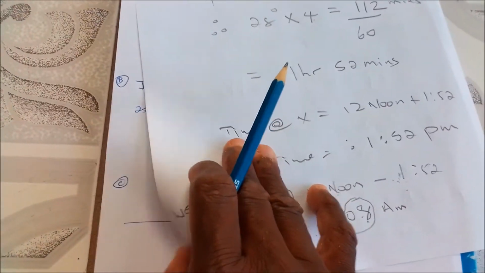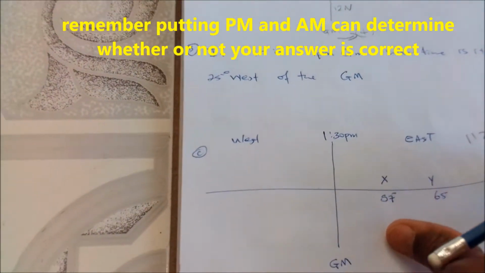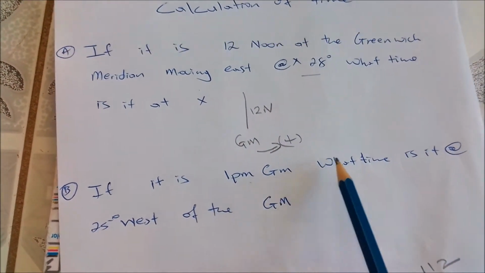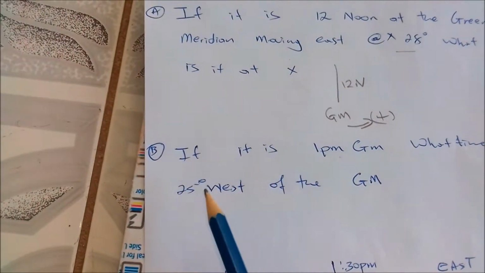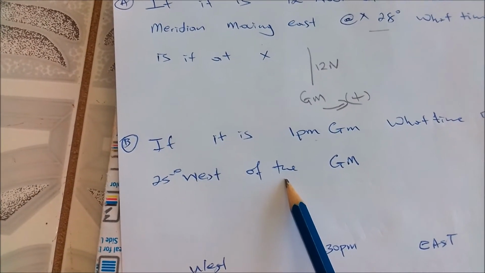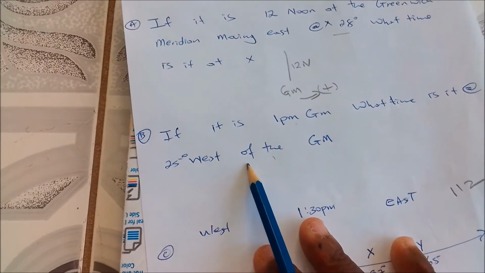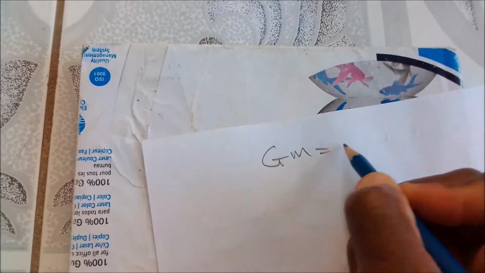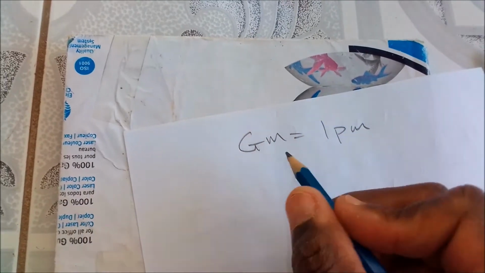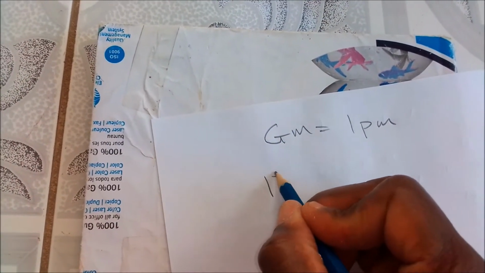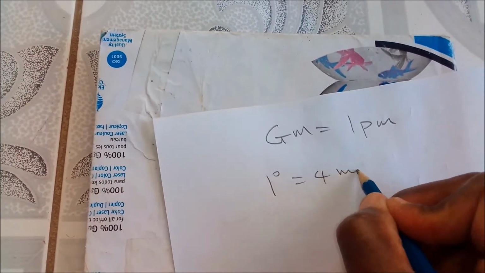Alright, so let's look at another. Let's look at number 2. If it is 1 p.m. at the Greenwich Meridian, what time is it moving 25 degrees west of the GM? So we're talking about 25 degrees and 1 p.m. We're going to put GM equals 1 p.m. And 1 degree equals 4 minutes.